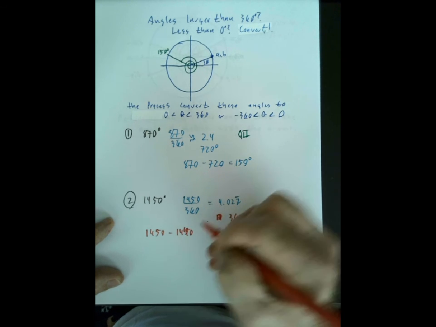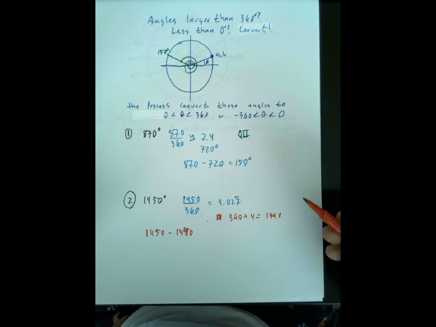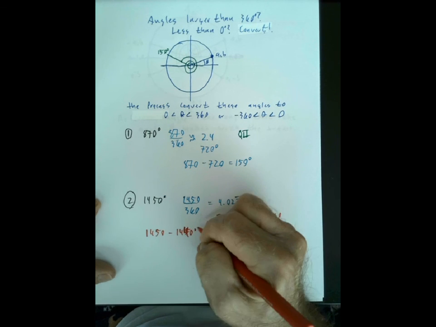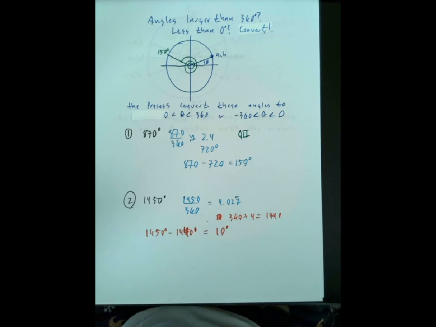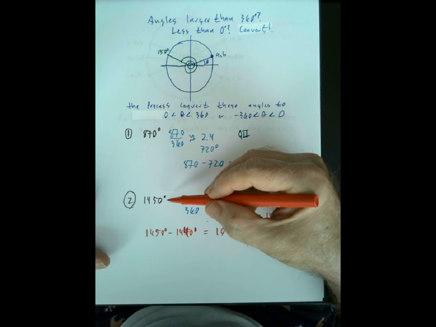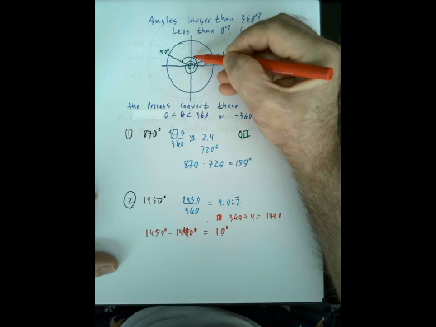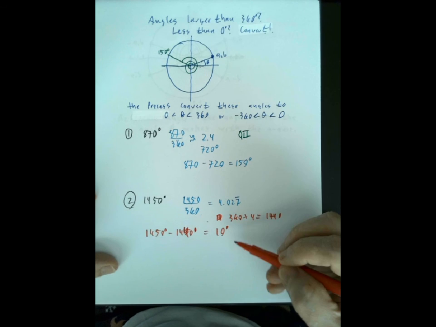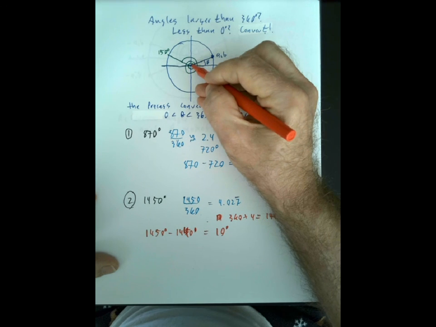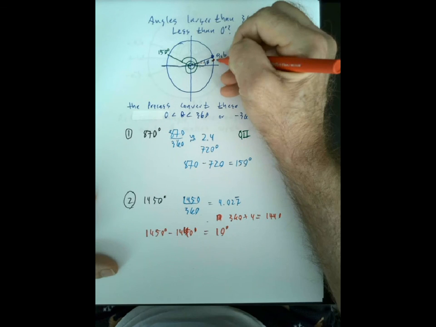What I'm doing is subtracting off all those 4 excess rotations. That is equal to 10, right? So this 1450 degree angle is rotating once, twice, 3 times, 4 times, and then 10 more. So 1450 would be approximately right there, right at the 10 degree position.